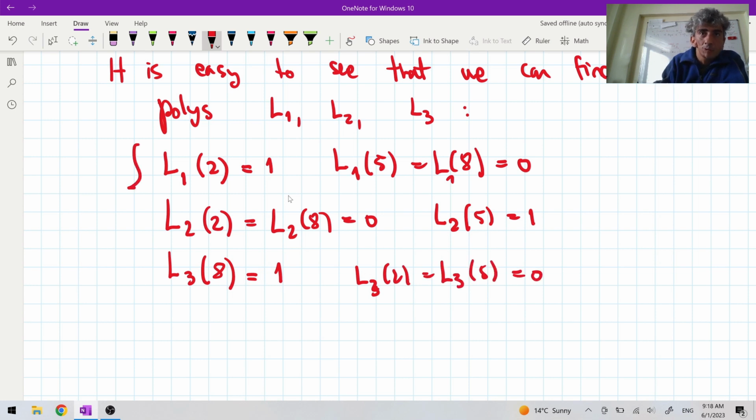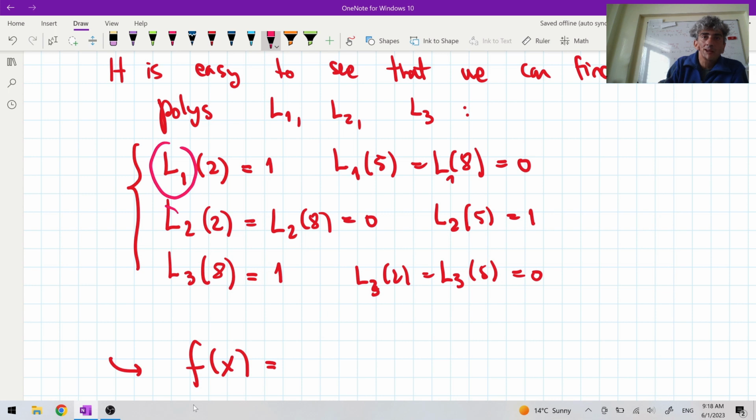These polynomials L1, L2, and L3 will play the role of the canonical vectors. So now f of x will simply be written as a linear combination of these canonical vectors L1, L2, and L3.